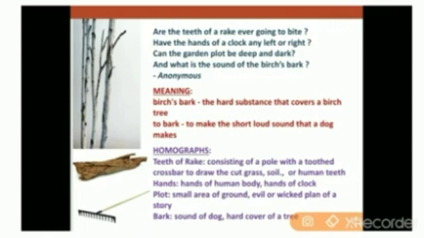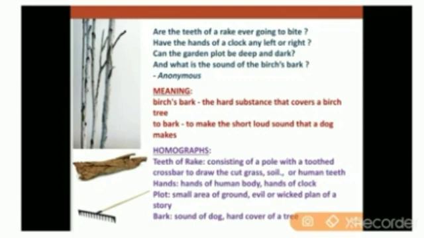Can the garden plot be deep or dark? Now here the word plot conveys two meanings. One meaning is a small area in a ground, and the other meaning is an evil plan or the plot of a story. So the garden plot can be deep and dark. Can a plan, an evil plan, also be deep and dark?